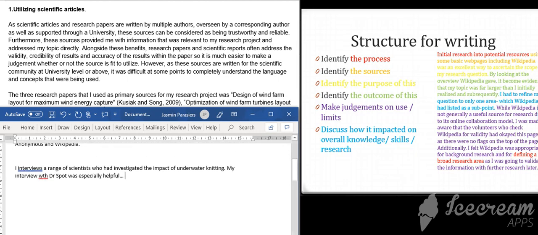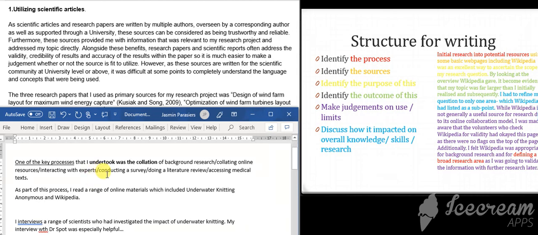Then what we want to do is keep bringing it back to the judgments, okay? So if we go back to my background research one, I was saying, as part of this process, I read a range of online materials, which included Underwater Knitting Anonymous and Wikipedia. To enhance that statement, I could then look at why.